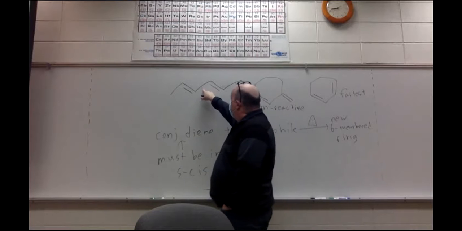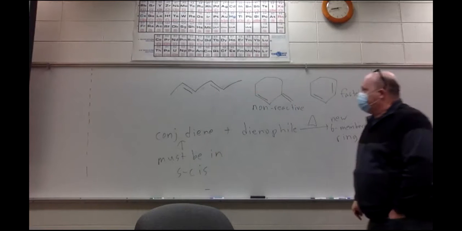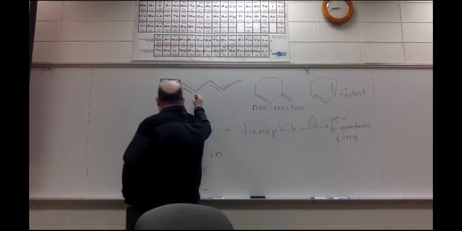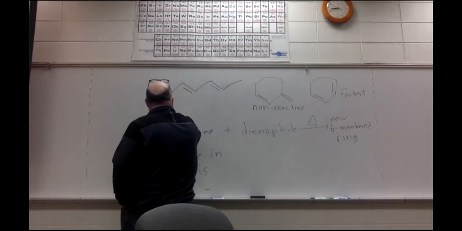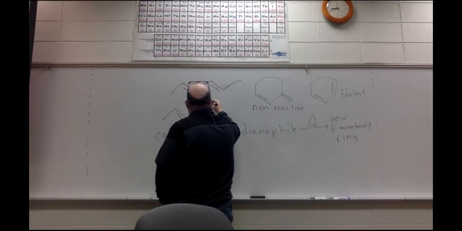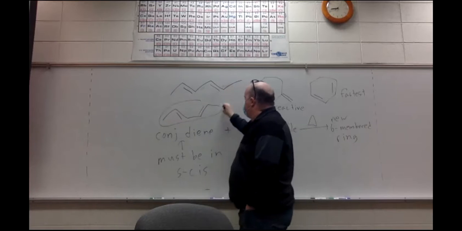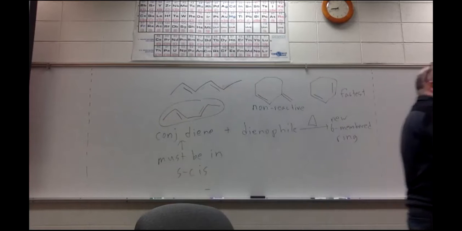But remember, we can get rotation around that single bond. So once it rotates into that correct configuration, it would have to rotate into this configuration before it would actually be able to react.